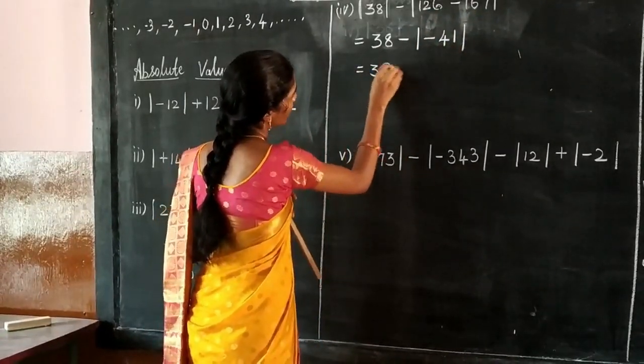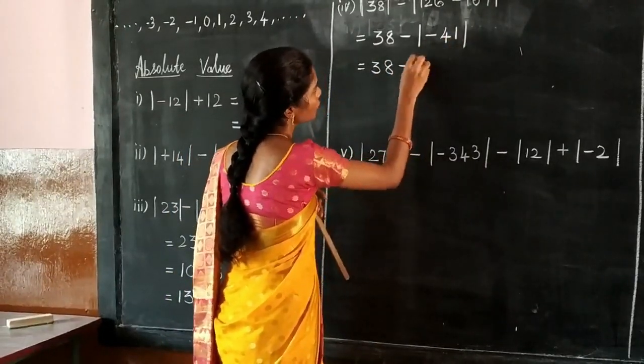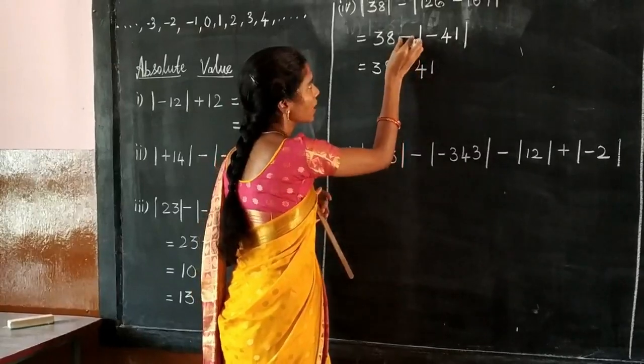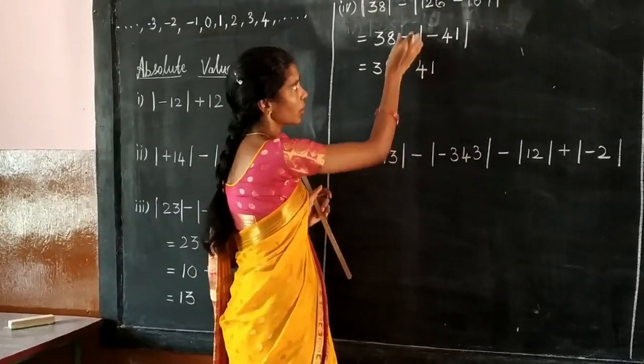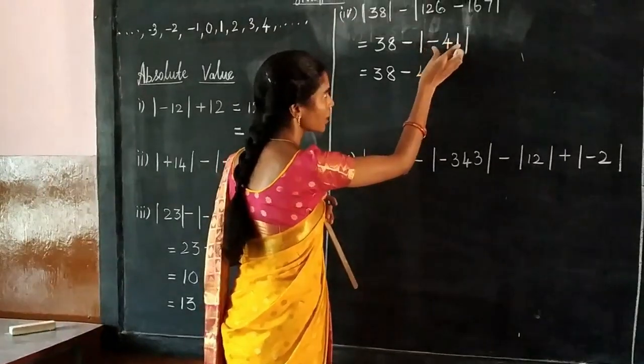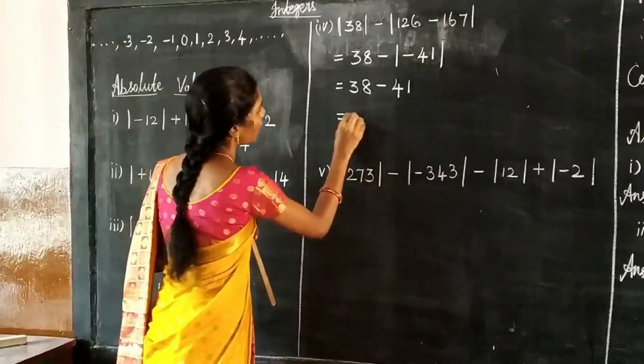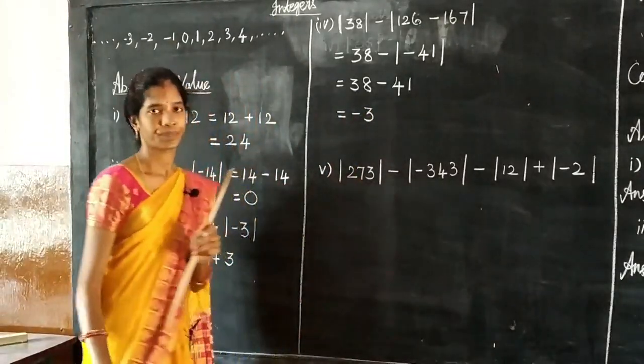So 38 minus absolute value of minus 41. The absolute value of minus 41 is only 41. This minus is there in the question, the same minus we have written here, then the absolute value of minus 41 is only 41. So 38 minus 41 is minus 3.